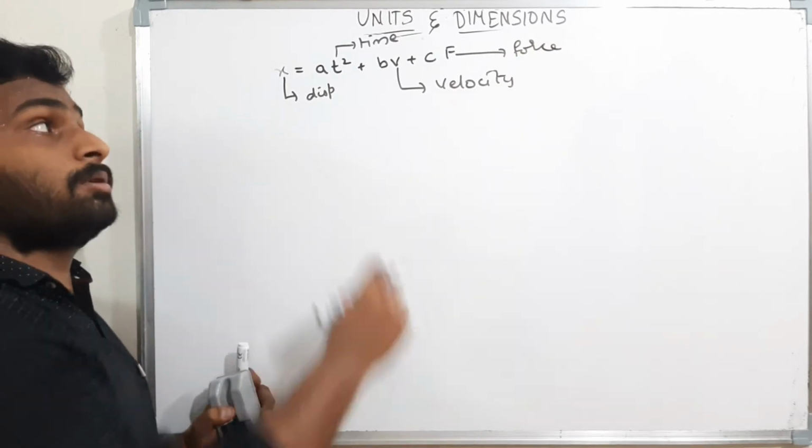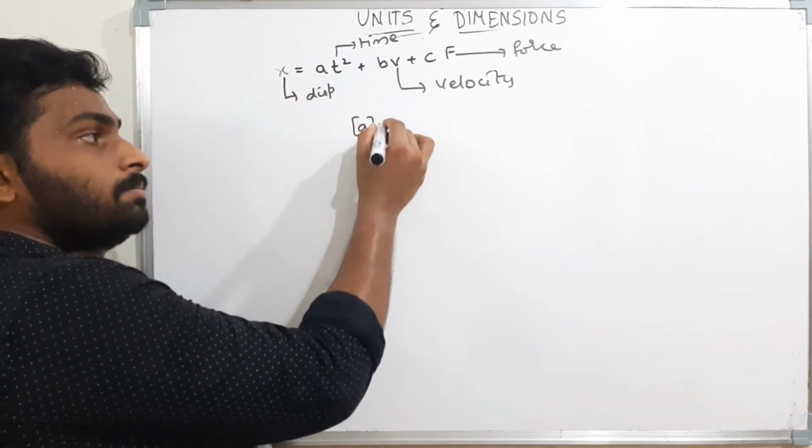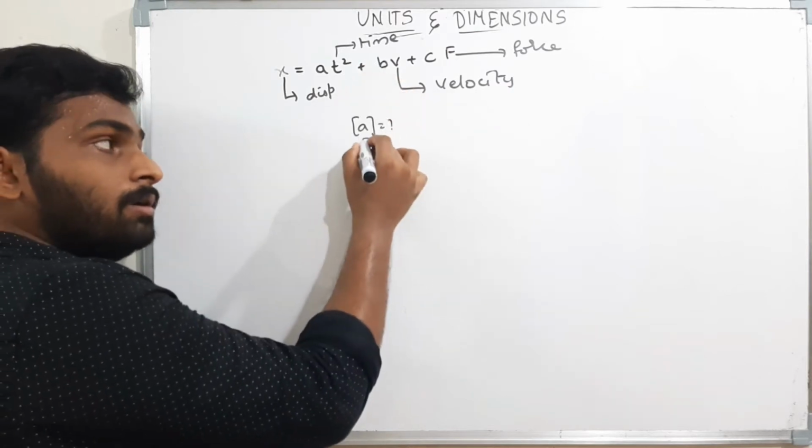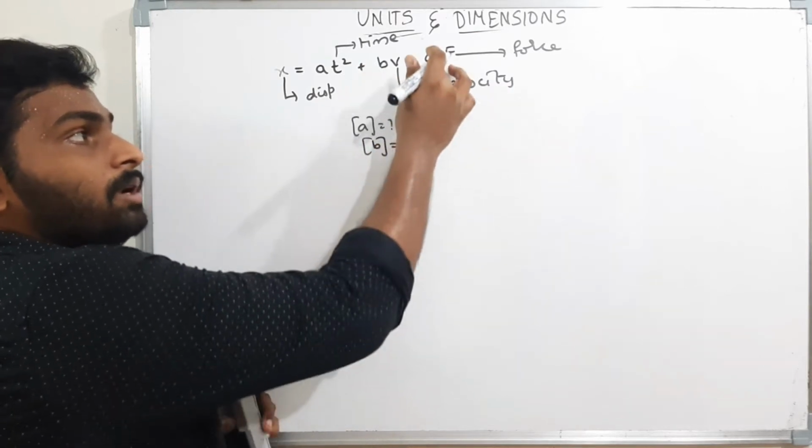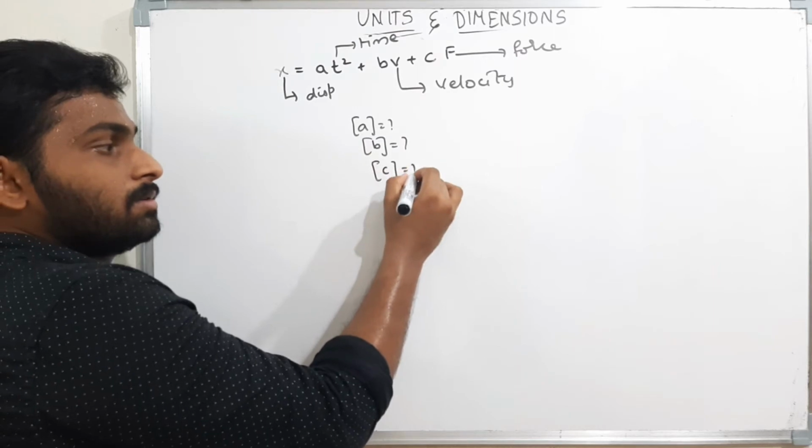Now they told us to find the dimension formula for A, for B, and for C.